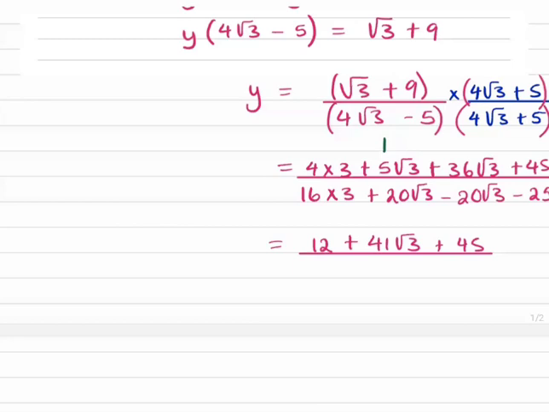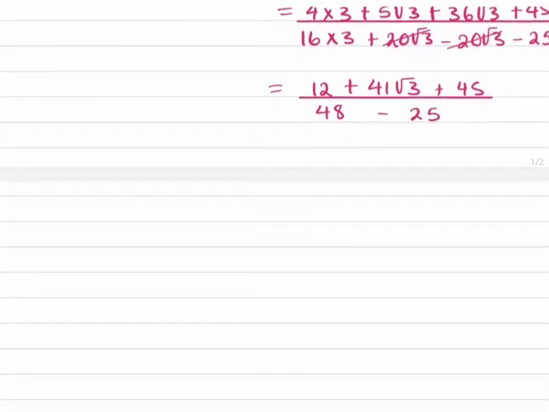In the denominator, I have a 48, 16 times 3. Then my 20 root 3 minus 20 root 3 would just give me a 0. Observe there, these two terms would cancel out essentially. Then I have the negative 25 at the end. Okay, collecting like terms one more time, we have 12 plus 45. These are ordinary numbers.